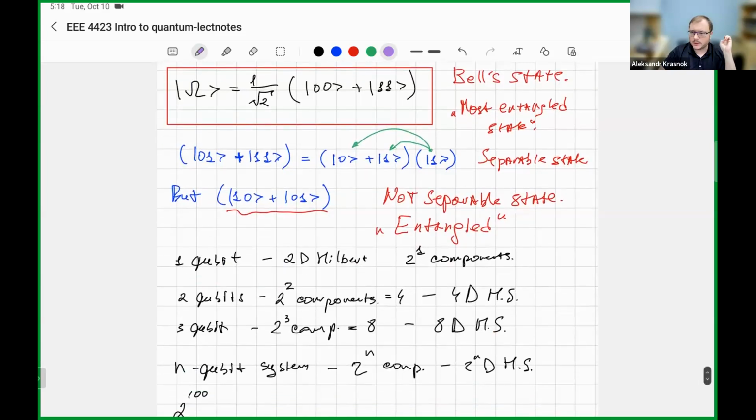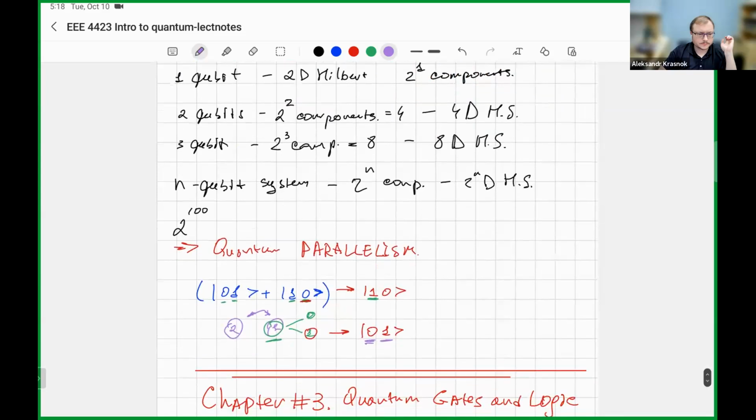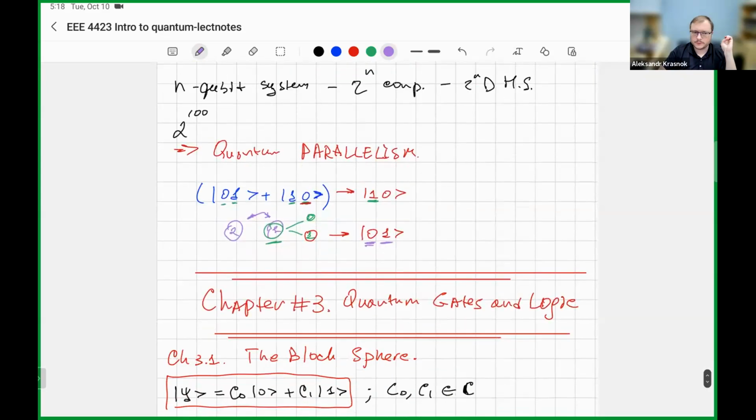Today we will see how this Bell state can be generated. And we also discussed the concept of quantum parallelism.